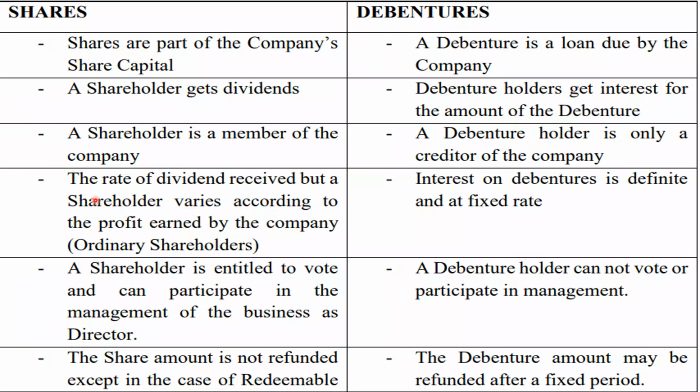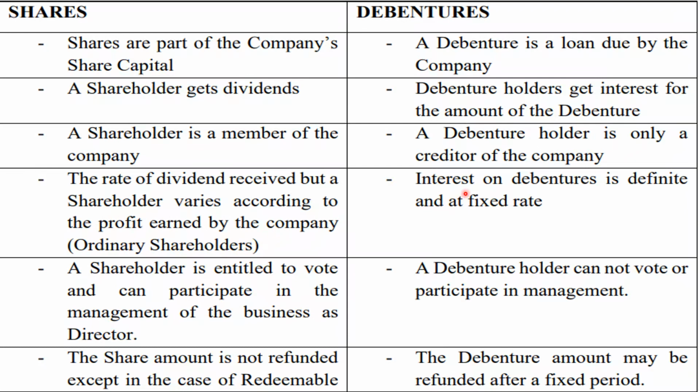The other difference is that the rate of dividend received by a shareholder varies according to the profit earned by the company. Of course, this is for ordinary shareholders.